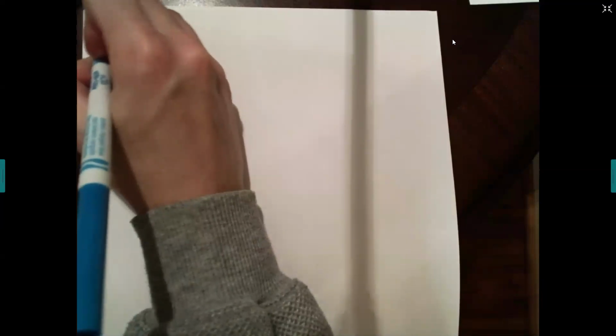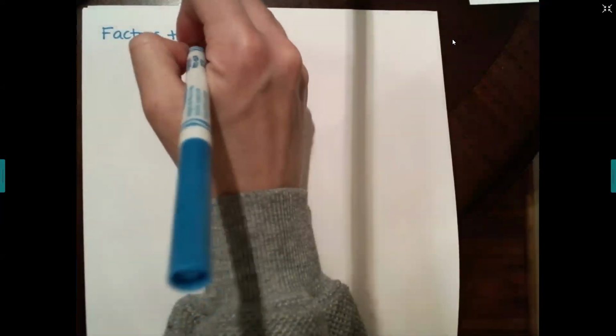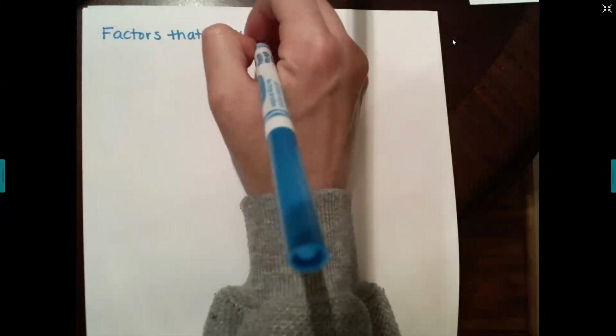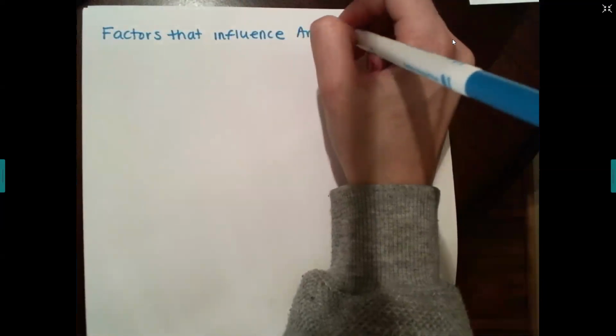And not just hypertension coming from obesity or from smoking or from poor diet, or the opposite, coming from poor nutrition. What I want to talk about is, what does our body have that is going to influence arterial blood pressure? So these are going to be factors that influence arterial blood pressure.